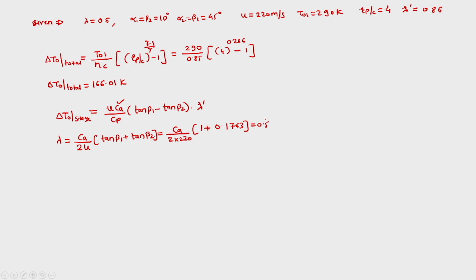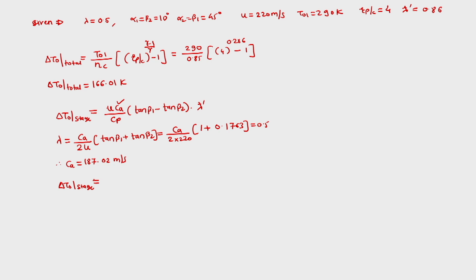This is equal to 0.5, and this gives us Ca, which is 187.02 meters per second.